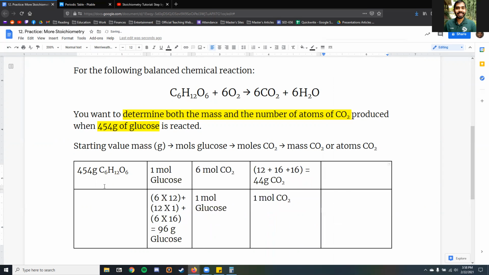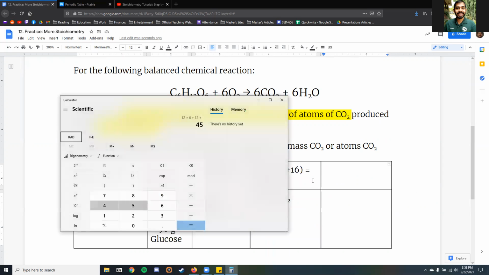So all we do now is take everything on top and multiply it together. 454 times 1 times 6 times 44.